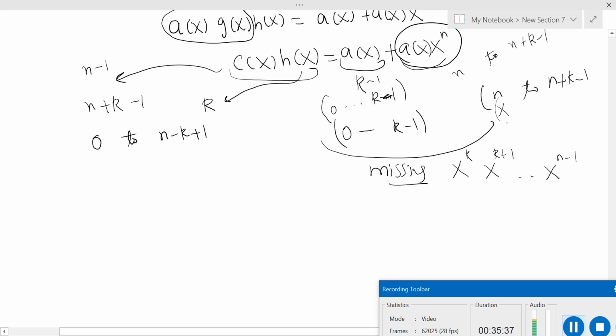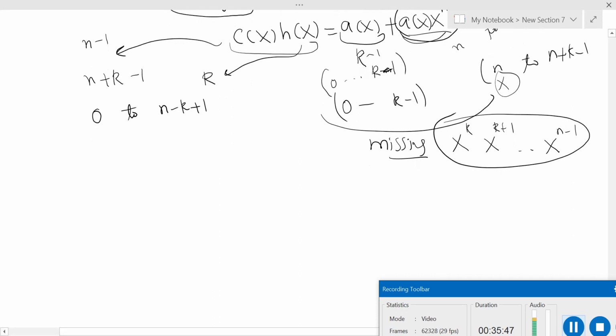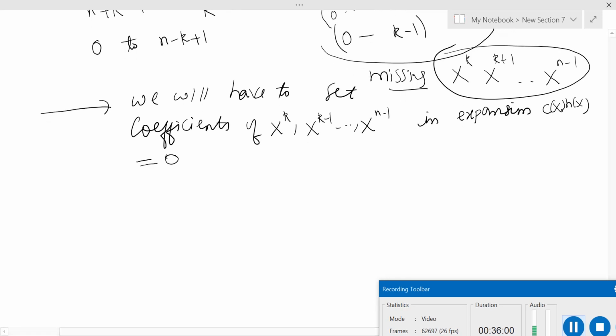After that, x to the power n is there, right? So these powers do not appear on the right hand side. So to make this equation compatible, we will have to set the coefficients of these degrees in the expansion of c x h x equal to 0.